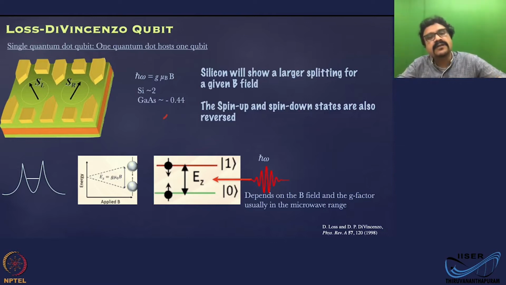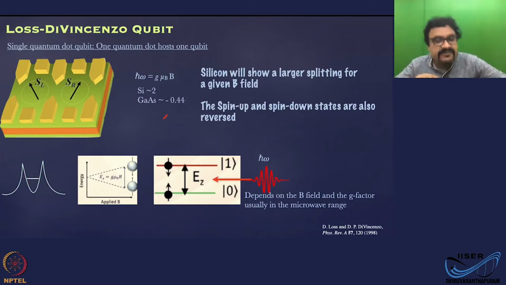Now, as I told, there are two different architectures. The first one is called the LD qubit, or Loss-DiVincenzo qubit. That is the initial proposal. The idea here is these are individual quantum dots hosting one electron in each, which you can represent like a simple parabolic well with just one electron trapped.